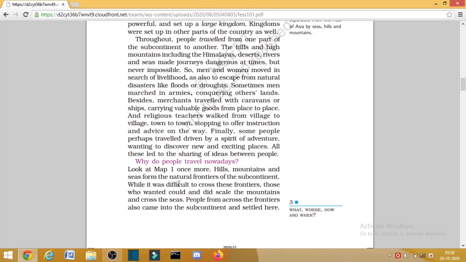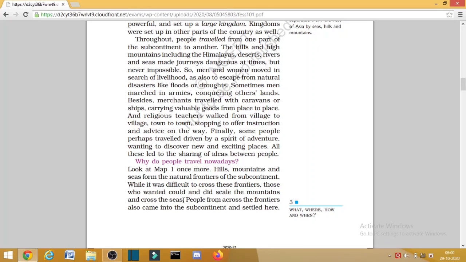While it was difficult to cross these frontiers, those who wanted could and did scale the mountains and cross the seas.